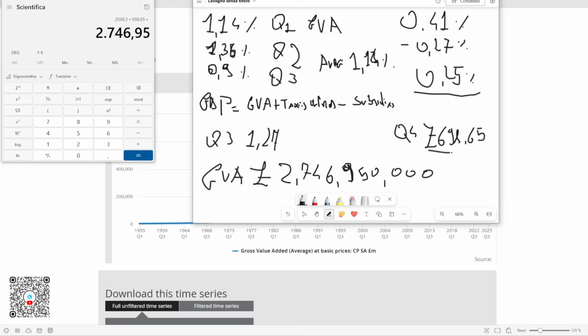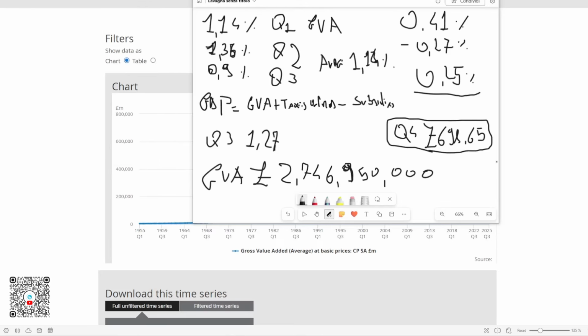But bear in mind that this number we are extrapolating by using the growth factor that we calculated previously, which is 1.27 or 3%. We multiply by Q3, we get the monetary value, and we try to figure out the gross value added in pound terms.